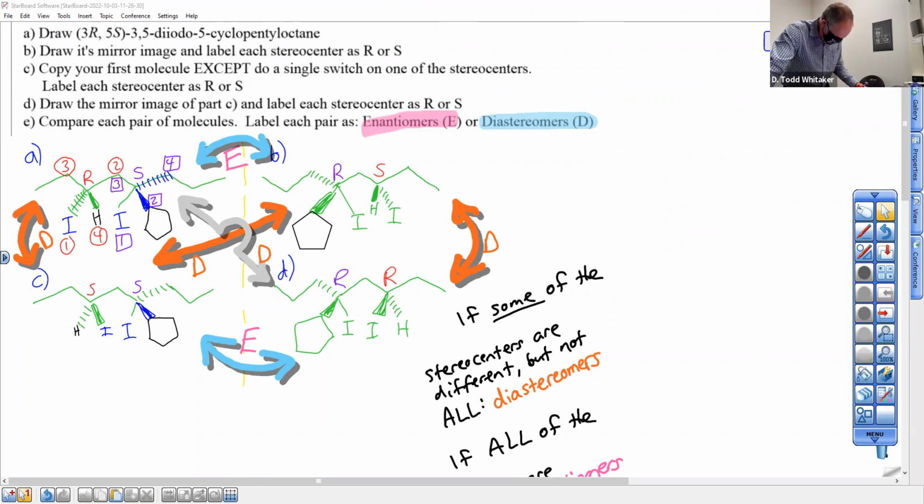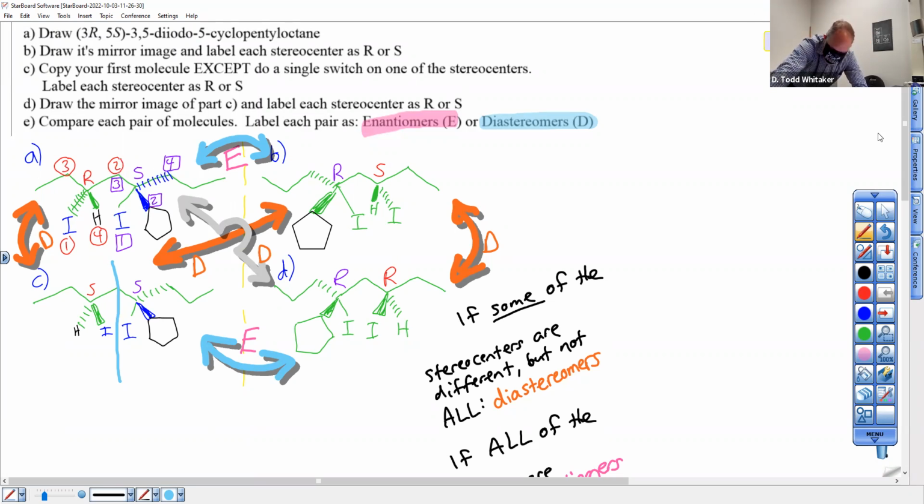If you tried to see if there's a mirror plane, here's what you would do. You'd cut it in half, or cut it in half here, and that's not even half. Right away I know it's not got a plane, because this group here is a 1, 2, 3, 4 carbon group. This is only 1, 2, 3. They don't match.